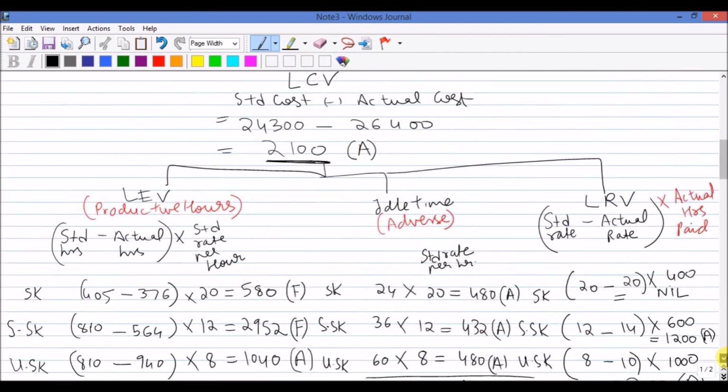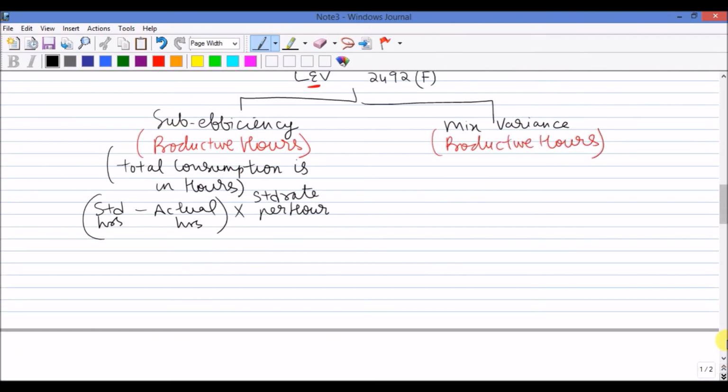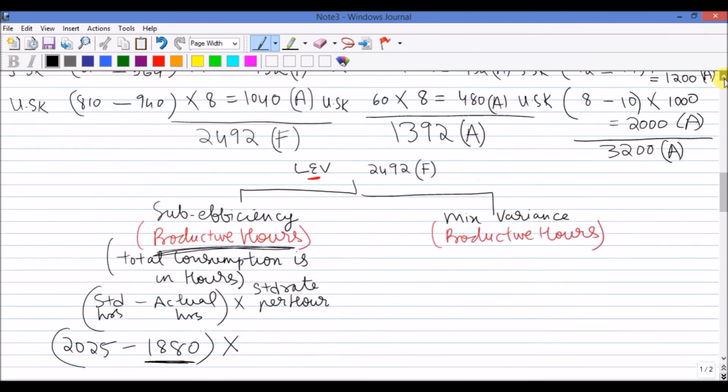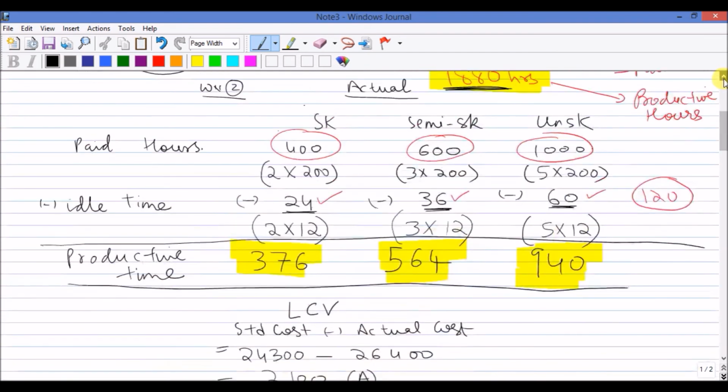So 2025 minus 1880. Remember friends, 1880 are the productive hours, please remember it, into the standard rate per hour. How much is the standard rate per hour?